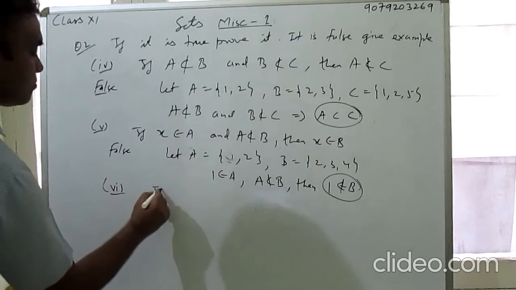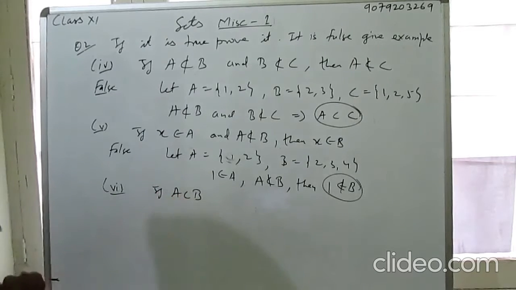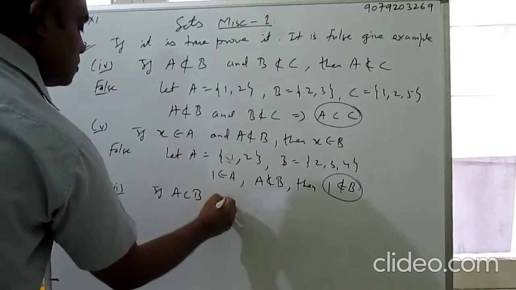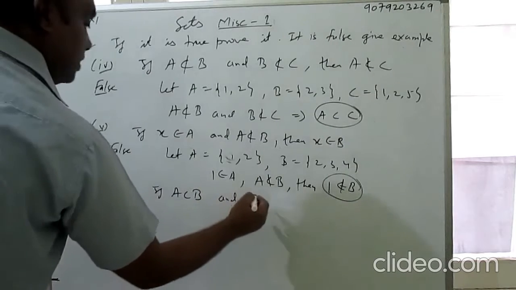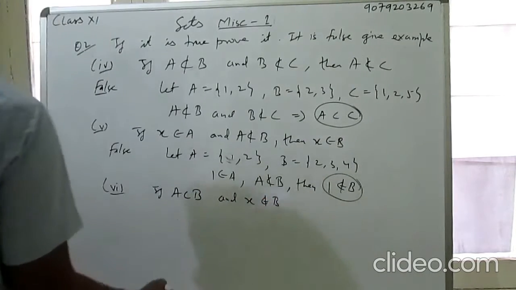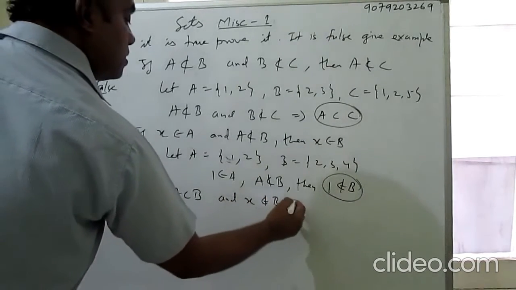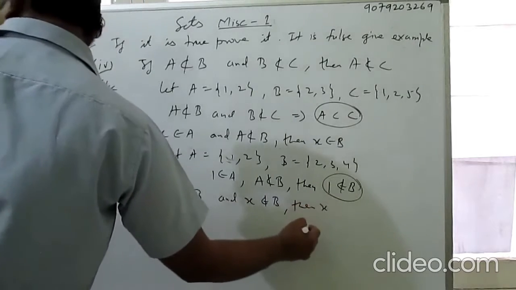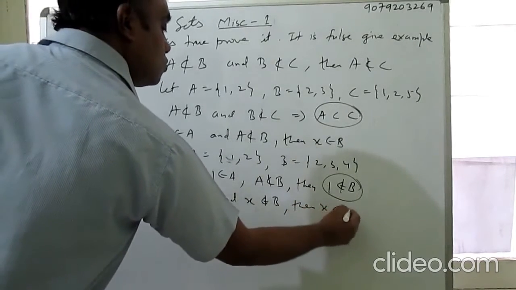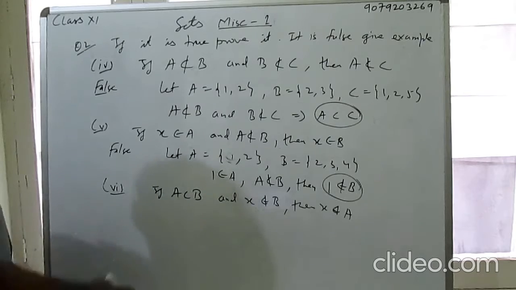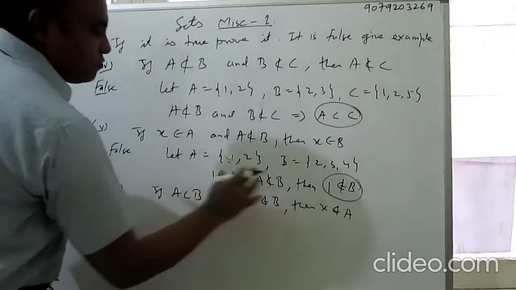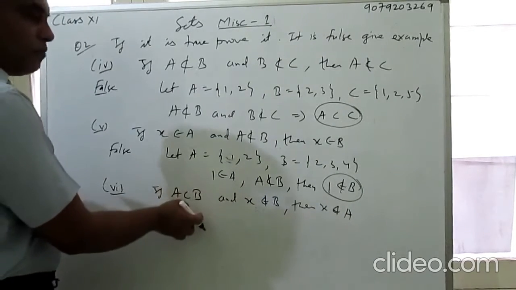If A is a subset of B and x not belongs to B, then x not belongs to A. So we know that it is true, it is a definition of subset. जो A को belong नहीं करेगा वो B को भी नहीं करेगा.